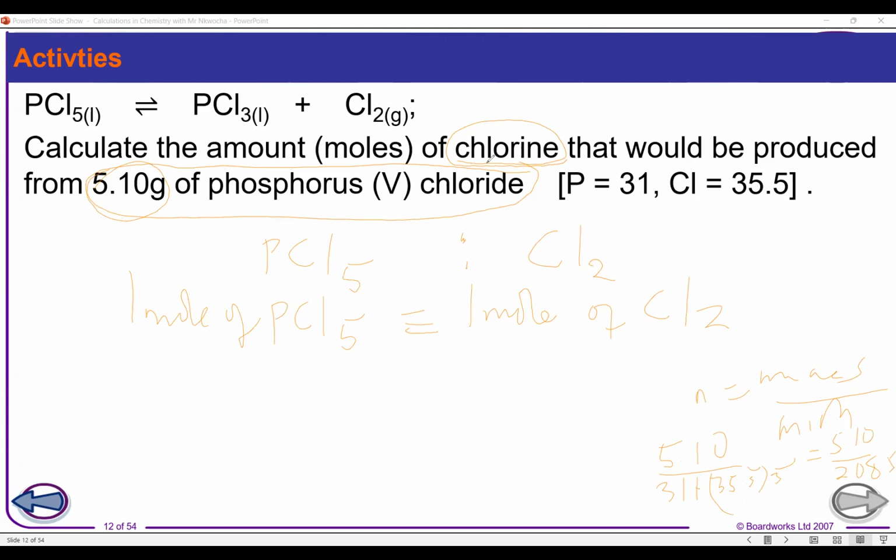So once you have done that, the number of moles is 5.1 divided by 208.5. So you now have 0.0245 mole is equal to X. So you just cross multiply, and your value of X is equal to 0.0245 mole of chlorine.